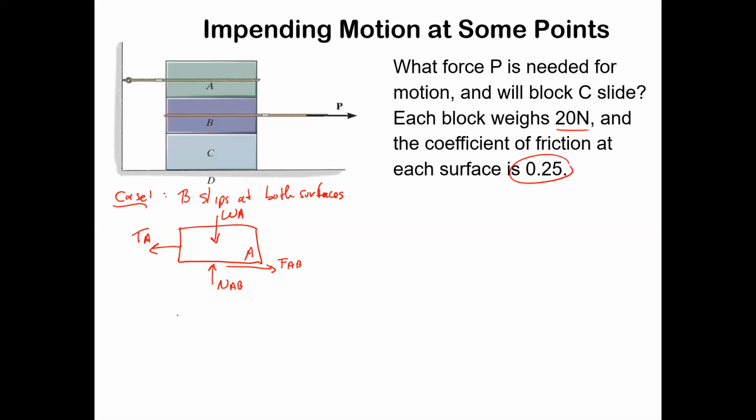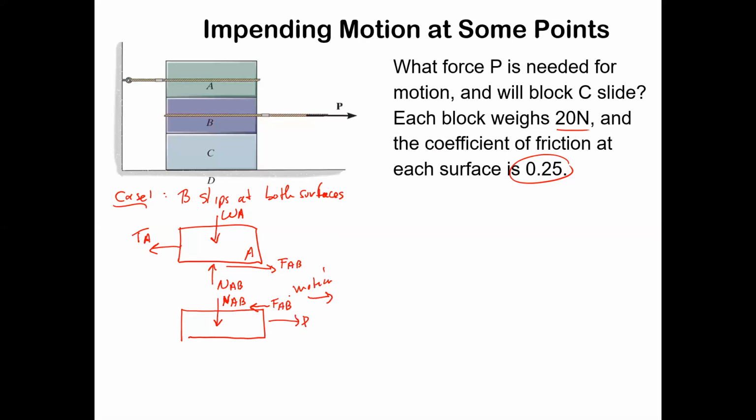Now B is going to be experiencing a normal force from above, which is the opposite of the normal force that block A was feeling from block B. Those are flipped. And we're pulling on it this way. Motion is this way, so friction is opposing that, and it also has to be the opposite of what it has shown on the other block.